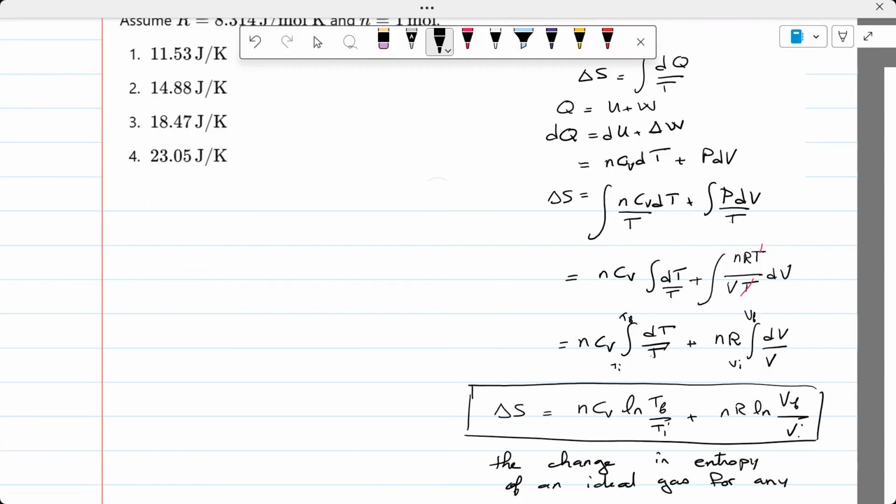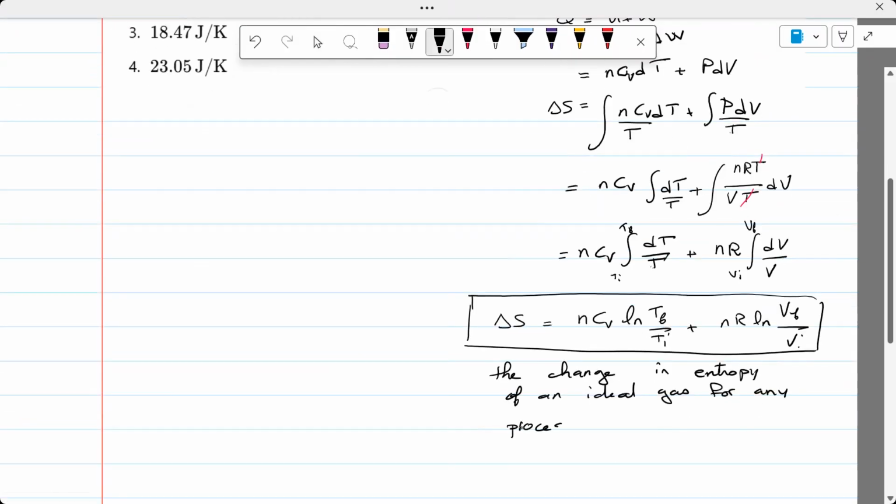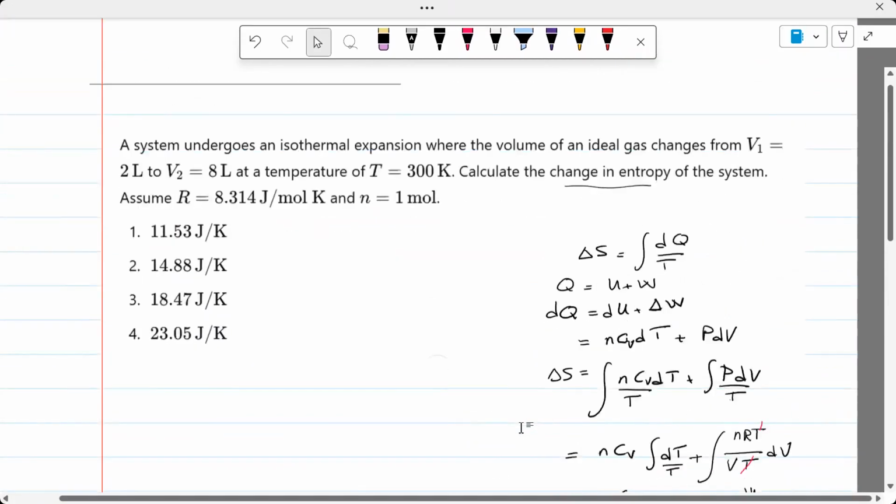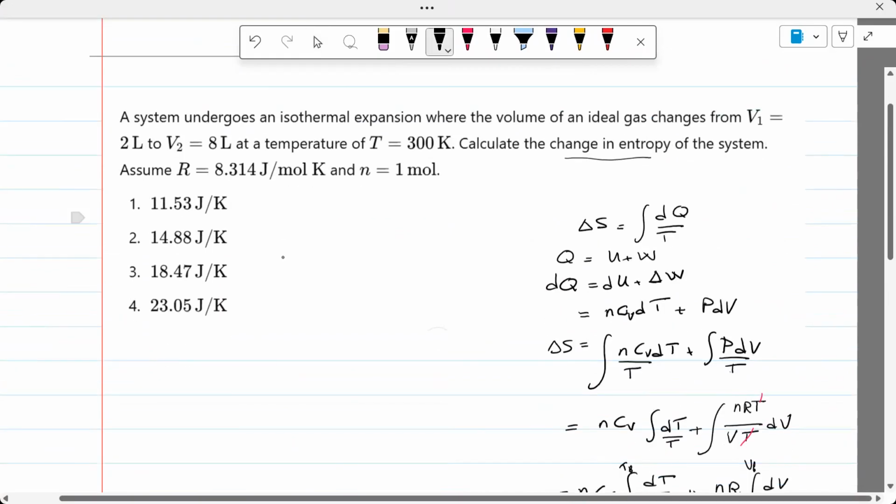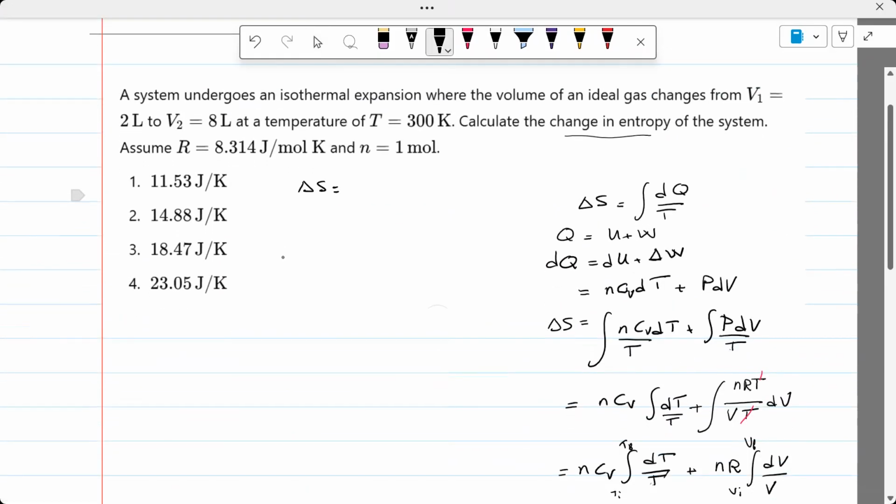And this is given to you in the exam. So this derivation is not required of you, namely because it contains integrations and you're not required to know integrals. So I'm just going to keep this equation in front of me whenever I am told we are studying an ideal gas.